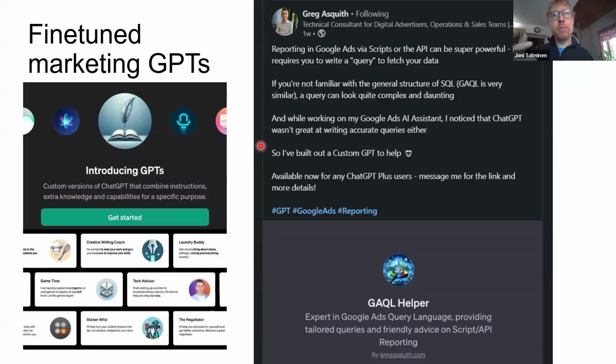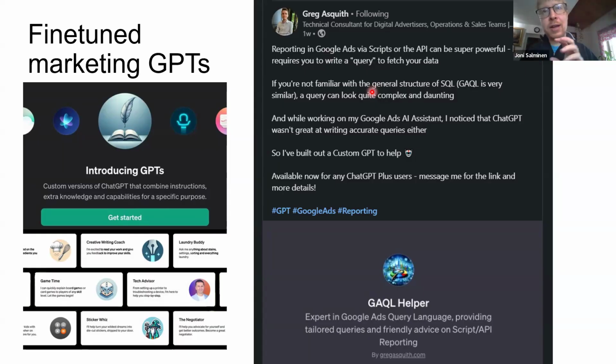So the prompt would contain the fine-tuning, and then it would be able to do something. For example, if you provided documentation about the Google Ads script language to a GPT, then you can create a custom GPT, right?